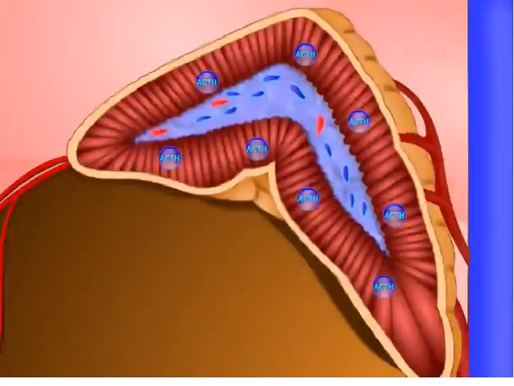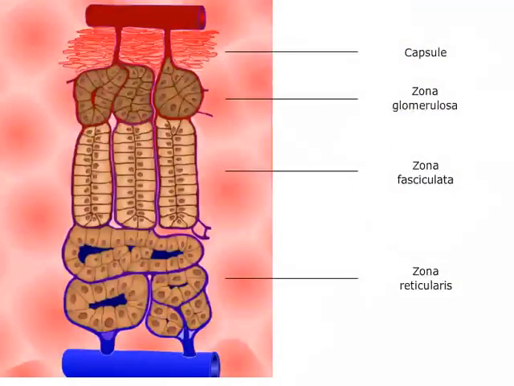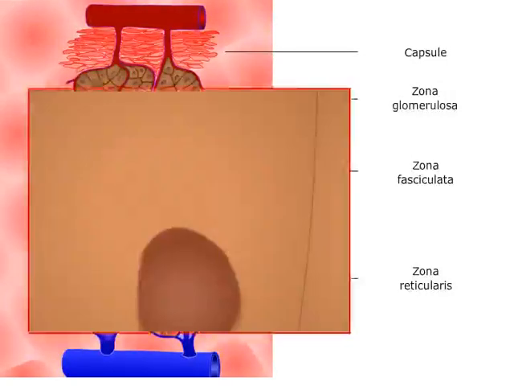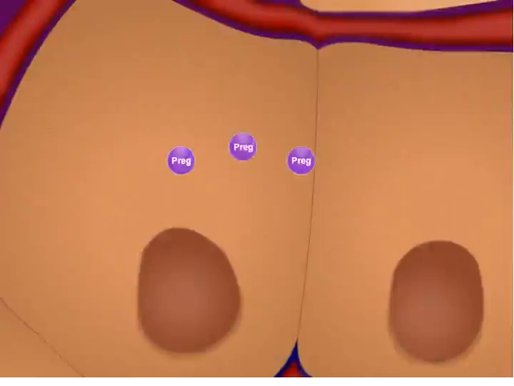We will now continue to the zona reticularis and review the effect of 11-beta-hydroxylase deficiency there. Let's take a closer look. Within the zona reticularis, 11-beta-hydroxylase deficiency will cause a shunting of steroid precursors to form more androgens.